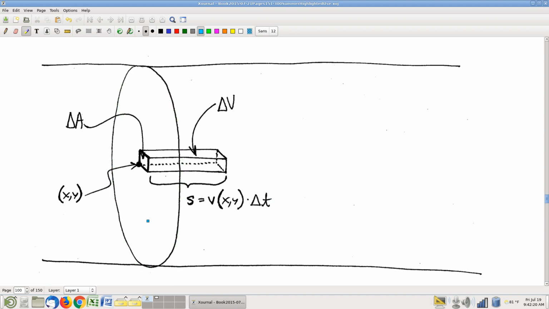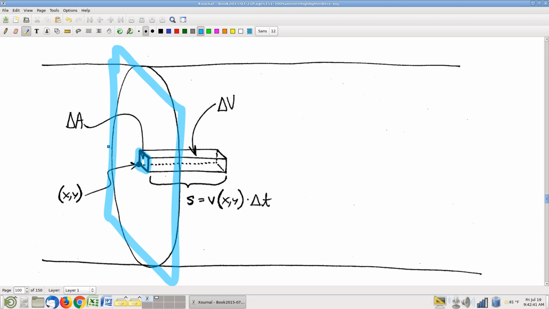So we have a calculation we can do here. I'm going to take my rectangle and slice it up into a bunch of little pieces, just like I did when I was adding up mass, or adding up population. Here I'm going to add up flow rate. And I appeal to your physical intuition.